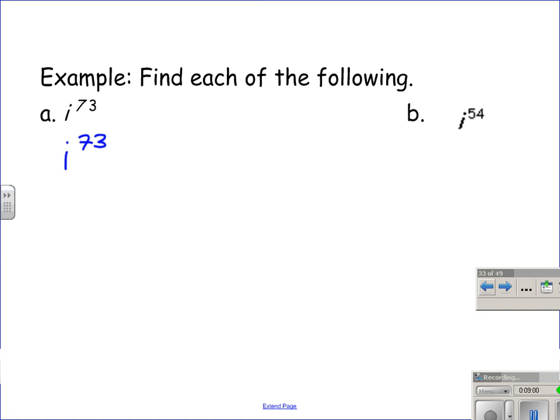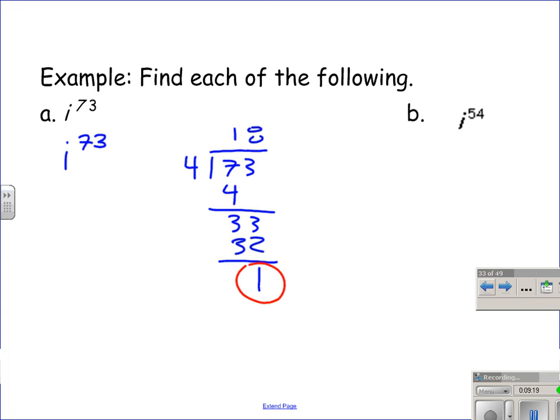So we take 73, divide it by 4, and in this case, all we care about is the remainder 1 here. The quotient is insignificant. So that means that i to the 73rd power is the same as i to the first power. And we know that's just i.